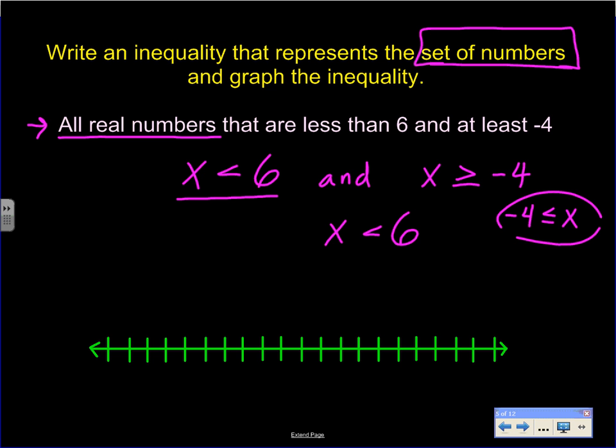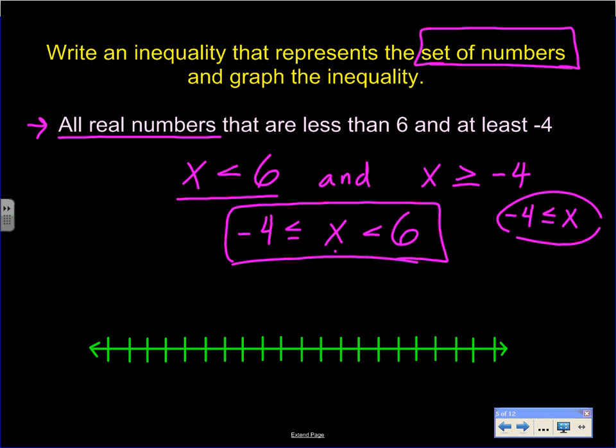And then this is what we shift over into our compound inequality here. Negative 4 is less than or equal to x. So either way is fine. You should start using this compound inequality, the and compound inequality put together like that, because you'll see that quite a bit.